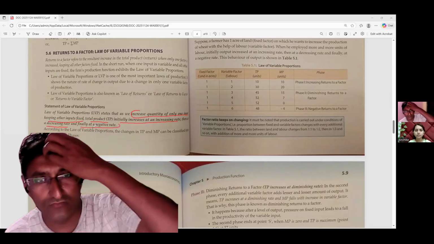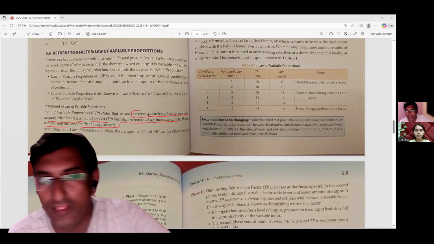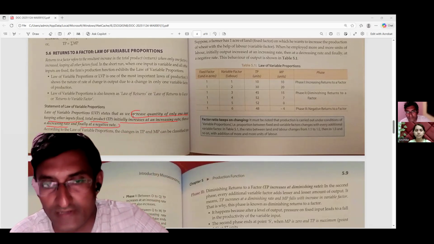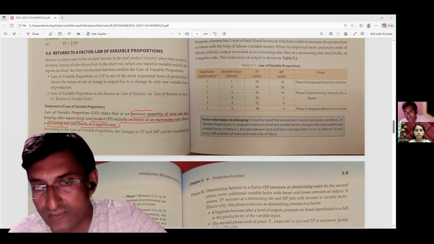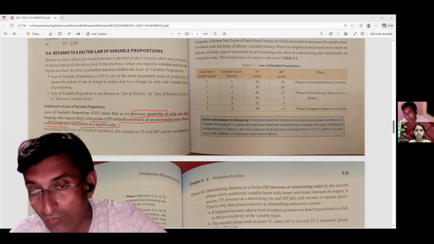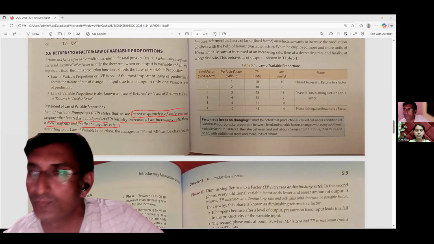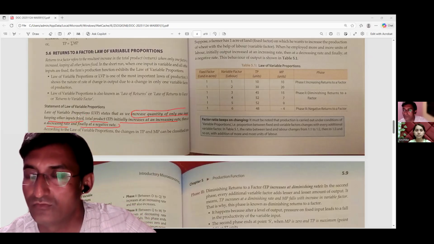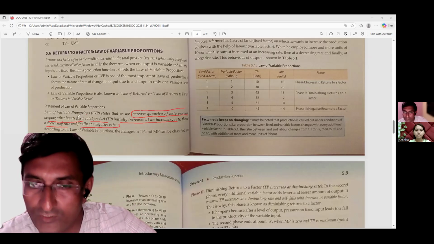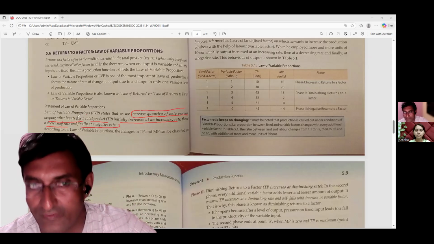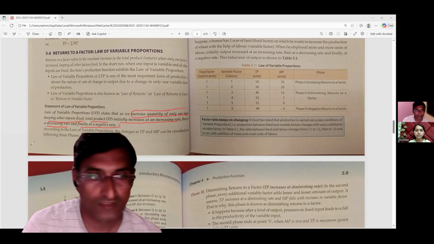Just understand only one thing in this case: only one input is changing, but other inputs are kept fixed. That is called the law of variable proportions.